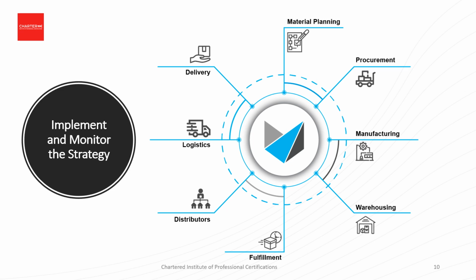Another key aspect of implementing and monitoring the strategy is gathering user feedback. Now, the user feedback is invaluable for understanding how the tool is being used in practice and identifying any issues or challenges that may be occurring along the implementation route from delivery, material planning, procurement through to manufacturing and warehousing.